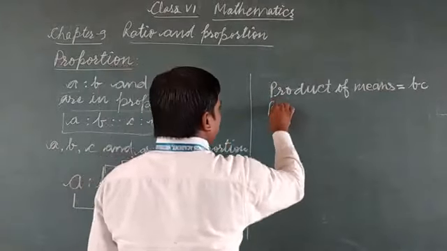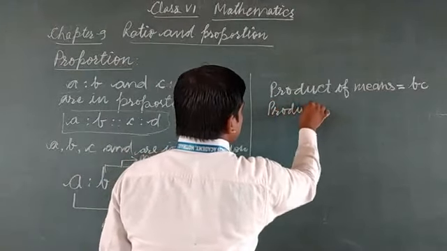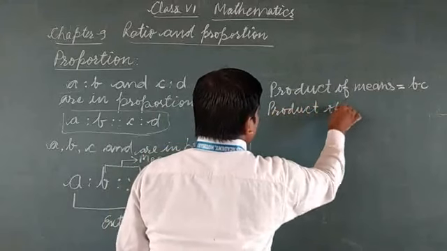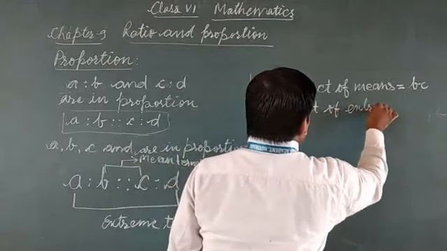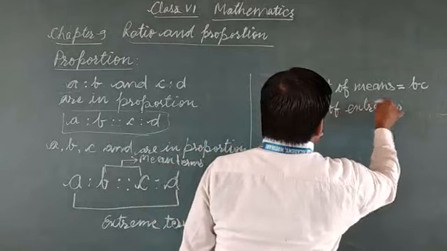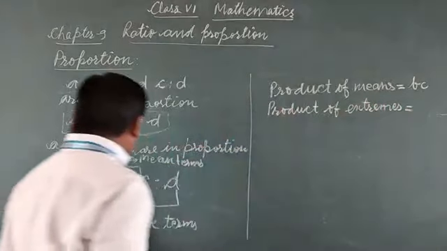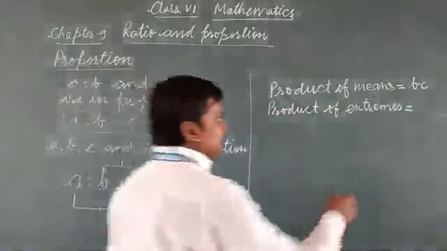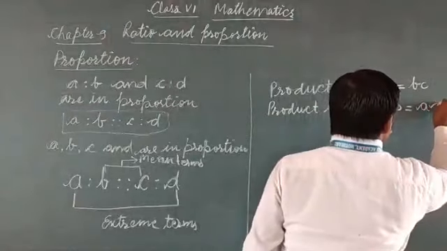We write again, the product of extremes. Our extremes are A and D, so we write AD.